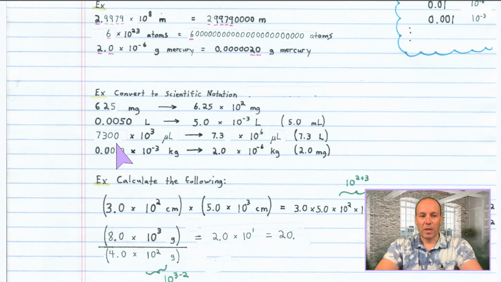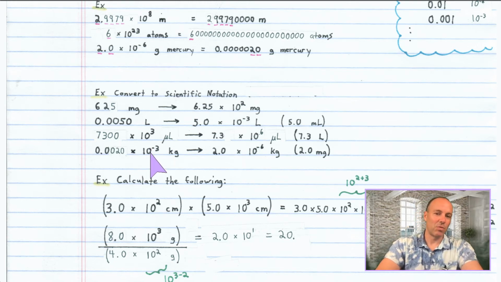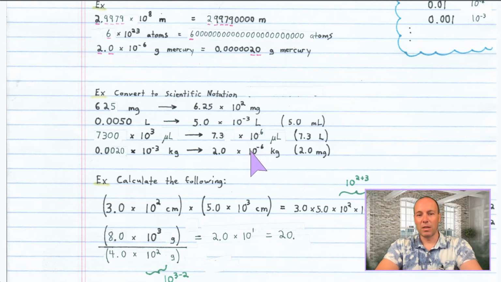And so this right here by itself would be 2 times 10 to the minus 3, but we already have a 10 to the minus 3. So 10 to the minus 3 and 10 to the minus 3 equals 10 to the minus 6.